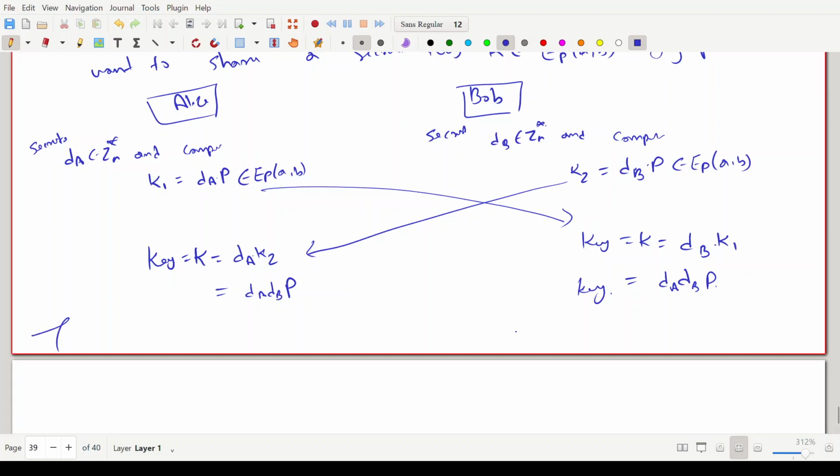So the security of the above ECDHP is based on the elliptic curve DLP, ECDLP.